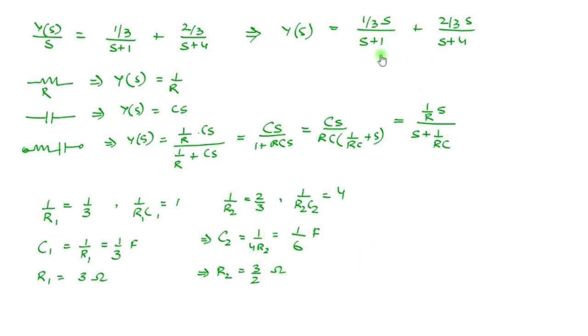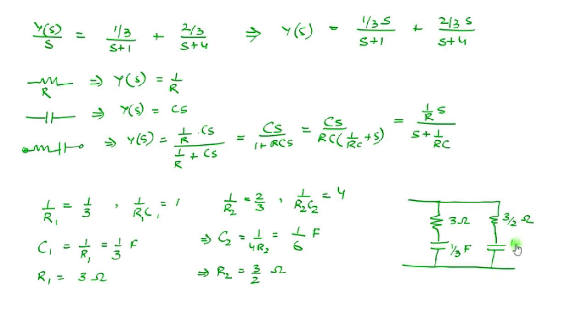So this circuit would look like this. Y1 is the series combination of R1 and C1, so I will substitute an R having a value of 3 ohm and a C having a value of 1/3 farad, connected in parallel with the series combination of R2 and C2, where R2 is 3/2 ohm and C2 is 1/6 farad.